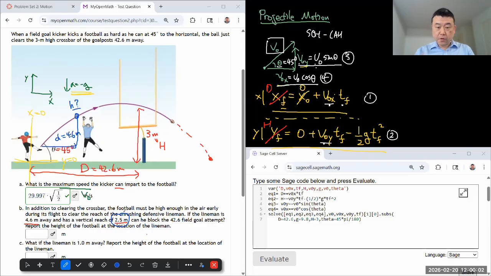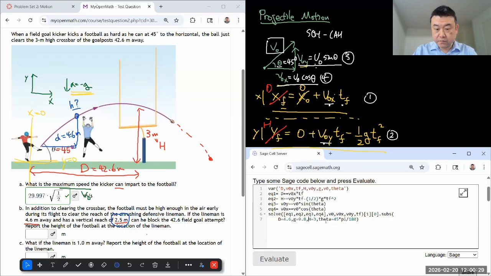So going back to my equations, that changes some things. Before, my height h was known; now it's not. For the purpose of the SageMath code, I'm going to use the same capital D and capital H. But for D, I'm going to say my D is 4.6 instead of 42.6.